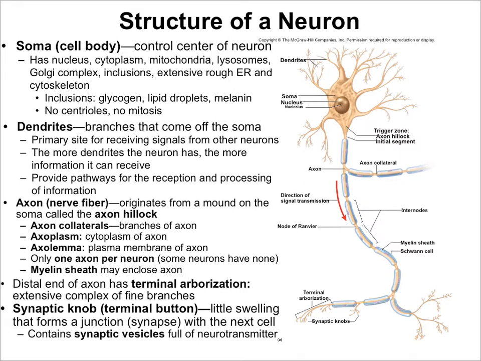Axons can and do branch. Usually the main part of an axon is traveling really, really far, it's myelinated, and it's mostly going down a totally straight pathway. But as you can see here, there's a branch point off that's called an axon collateral.